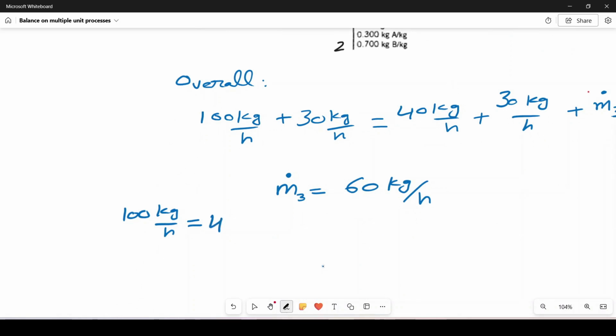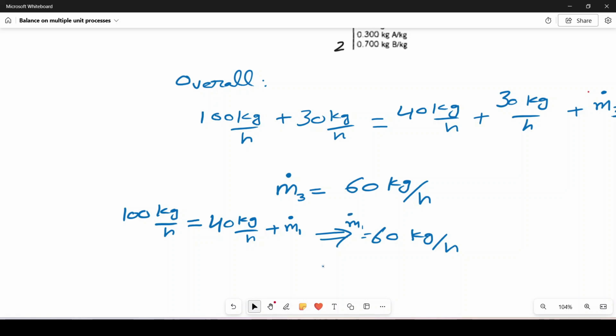So 40 kg per hour plus M1, that is the flow rate of this stream, and it also comes out as 60 kg per hour.